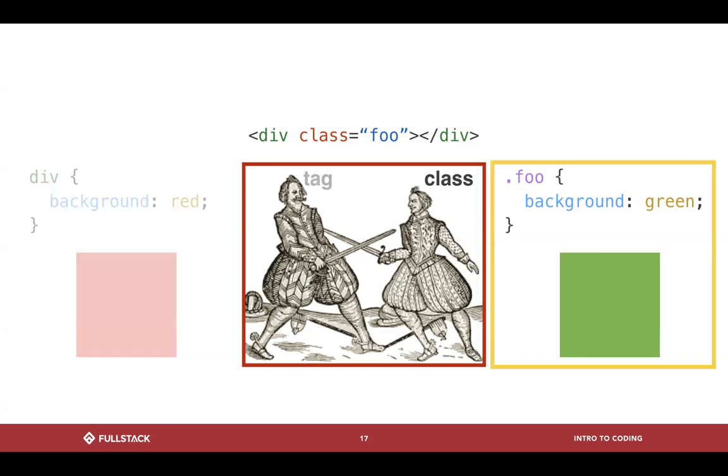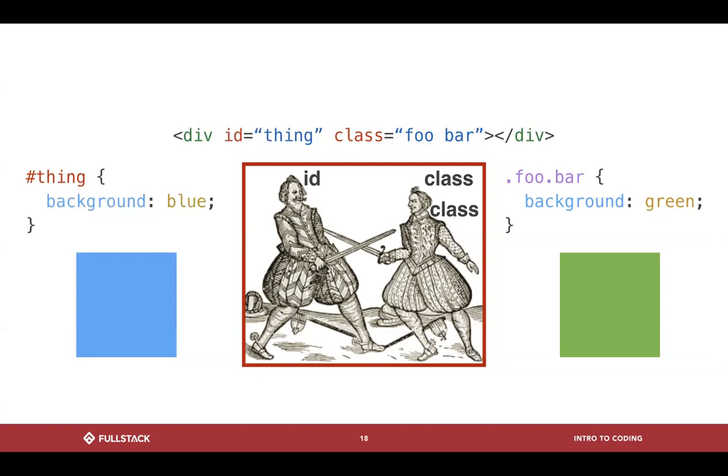Like we talked about in the attribute discussion yesterday, classes are used to select a specific set of HTML elements. So they're referencing something more specific than all divs. It's more specific to say, give me all the divs with this foo class on them than give me all divs on the page. So classes also beat out HTML tags.